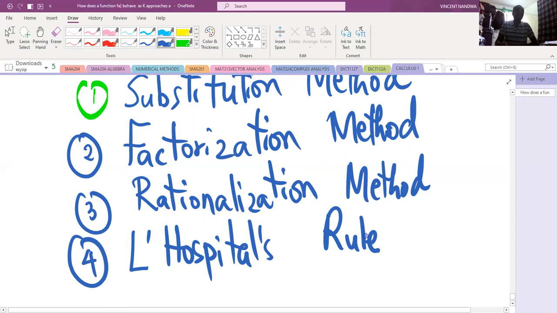So these are some of the methods of evaluating limits. The next session will be discussing how we can do the evaluation of limits using some of these methods we have listed here. So thank you.